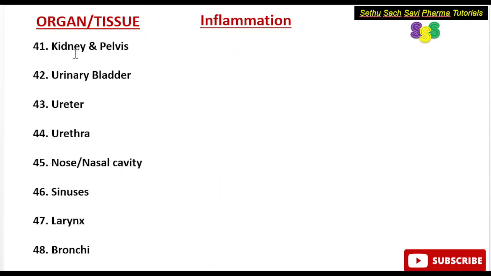If the inflammation of kidney and pelvis happens together, it is called pyelonephritis. We already said inflammation of pelvis is called pyelitis and inflammation of kidney is called nephritis. So inflammation of kidney and pelvis together is called pyelonephritis.